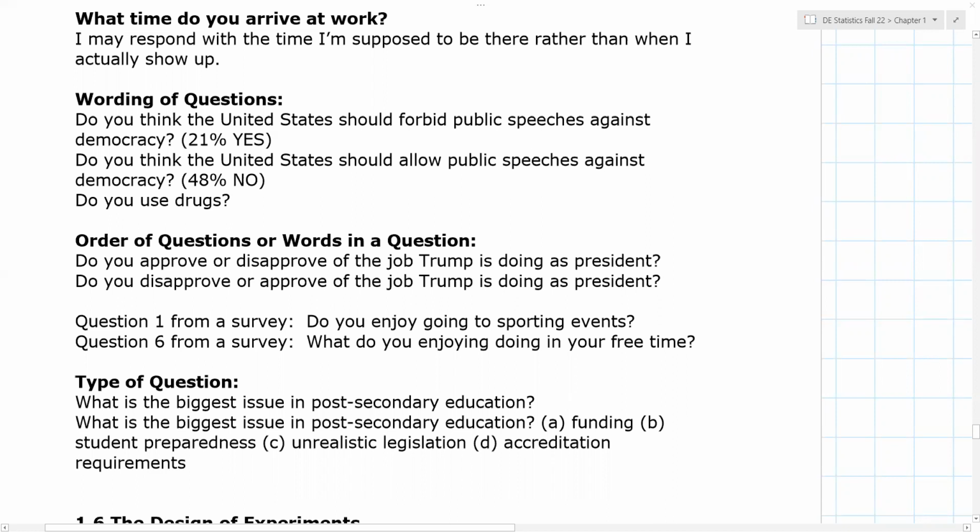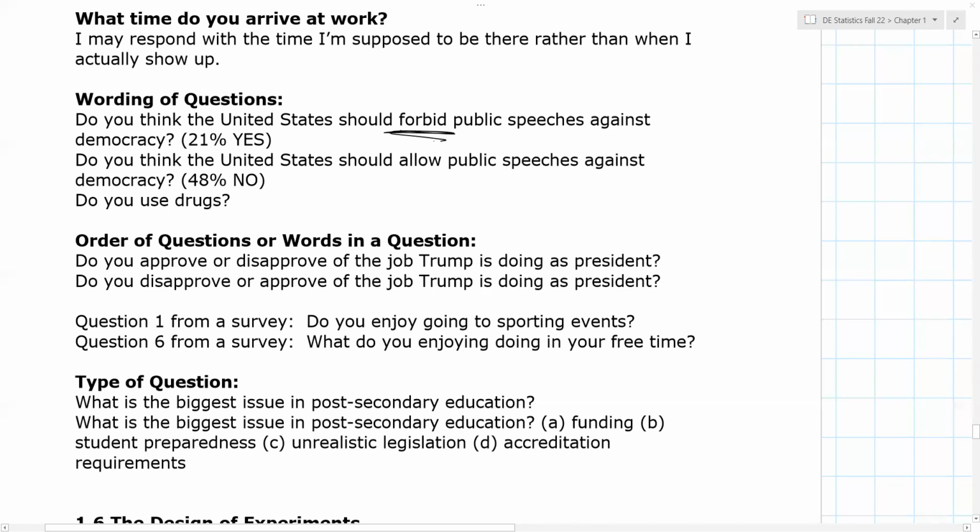The wording in that first one has like a trigger word, a word that is designed to evoke emotion, and that is forbid. Americans have a strong sense of individualism, and we really don't like being told we can't do something. And so when you use words like should the government forbid something, or should you be forbidden from doing this?